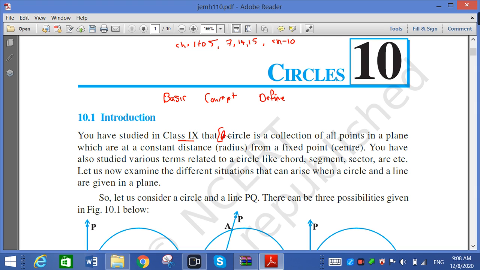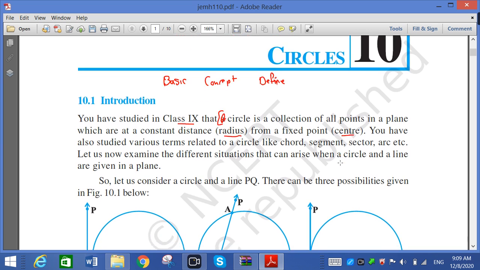A circle is a collection of all points in a plane which are at a constant distance from a fixed point. Constant distance we can say radius, and fixed point we can say center.